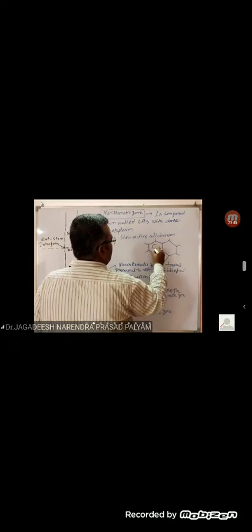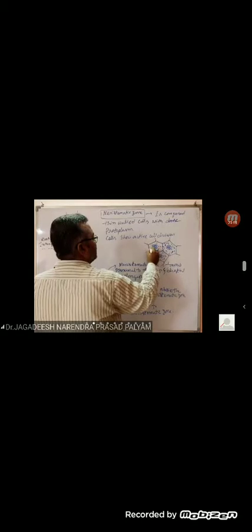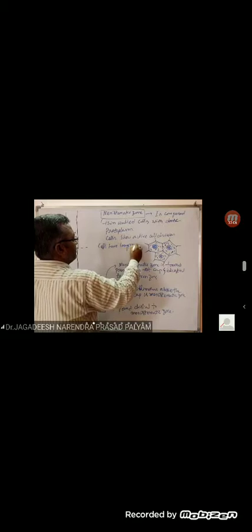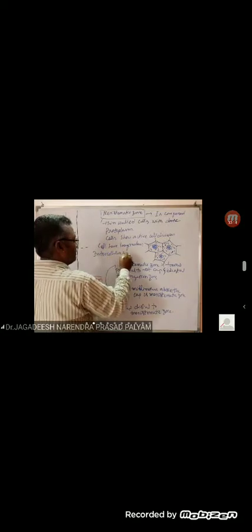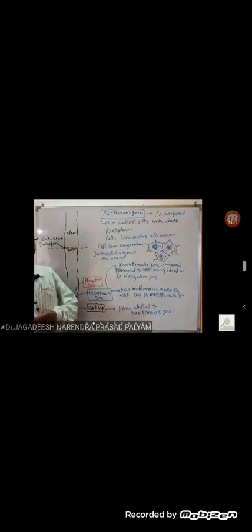So if you observe the cells, they will be appearing like this. And they have a large nucleus, dense protoplasm without intercellular spaces. Intercellular spaces are absent.